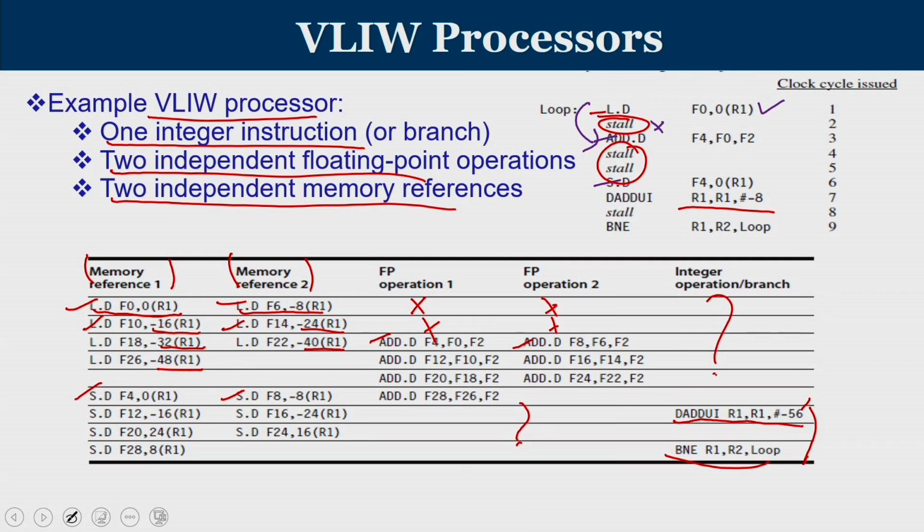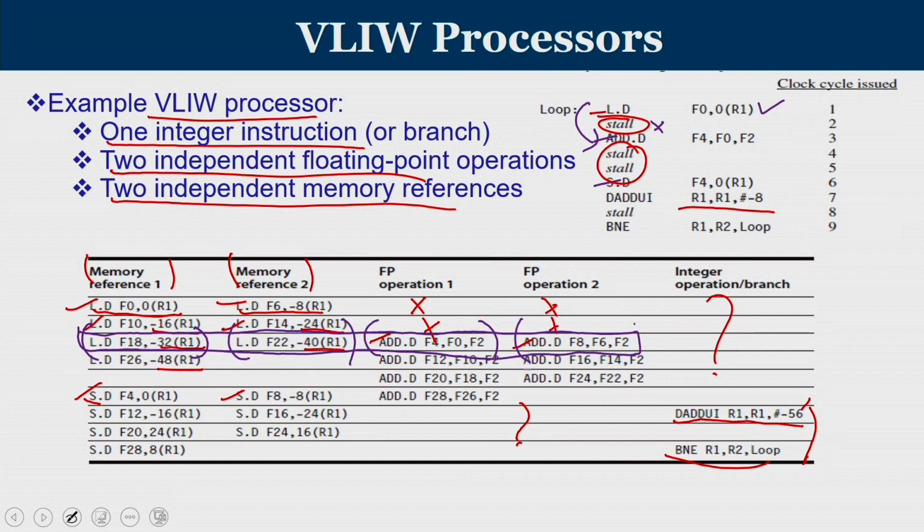But you can see that there are certain slots in which both the memory references are being used together. For example, consider this case. In the instruction that is issued in cycle number 3, I could perform 2 memory operations as well as 2 floating point add operations. So, this is memory operation 1, this is memory operation 2.